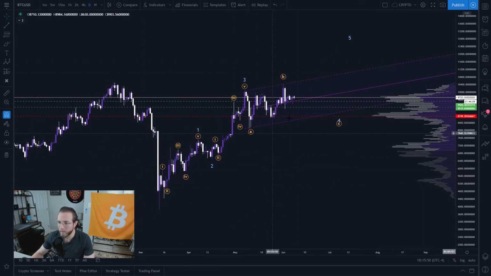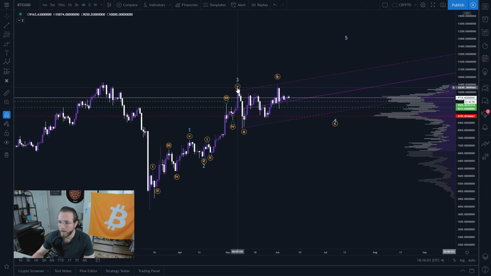And then I've got this as basically a long flat correction. Long flat corrections are pretty typical of wave 4s, and I've been seeing some alternate counts where this is an ABC and that this wave 4 is already in.